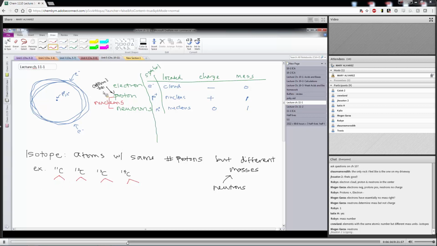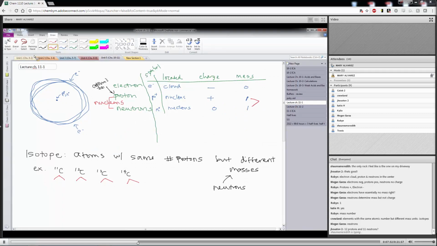Close, no, because 11 here has got to be the total mass. So that's going to be the total sum of both your protons and your neutrons.